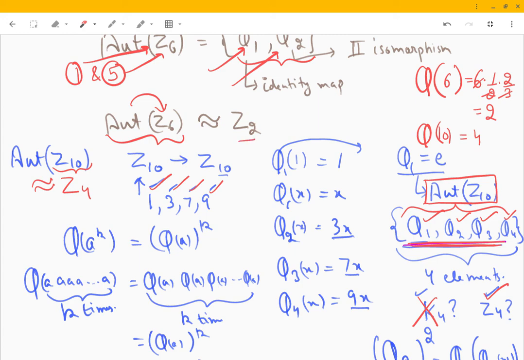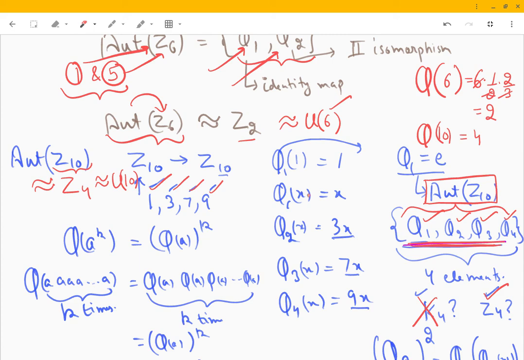And we know that this is also isomorphic to U6, no? Because U6 is the group which gives us elements coprime to 6. Okay, similarly here U10 is the group that gives us elements coprime to 10.